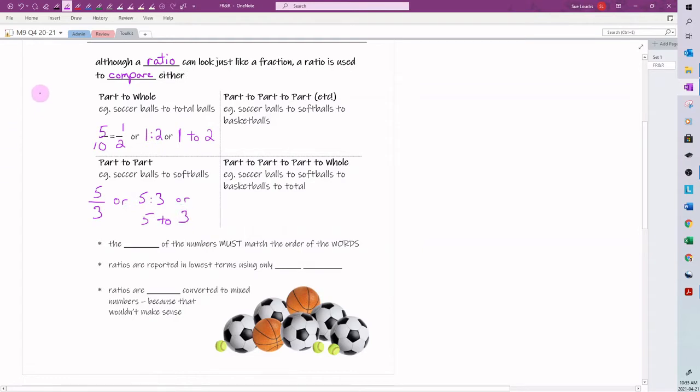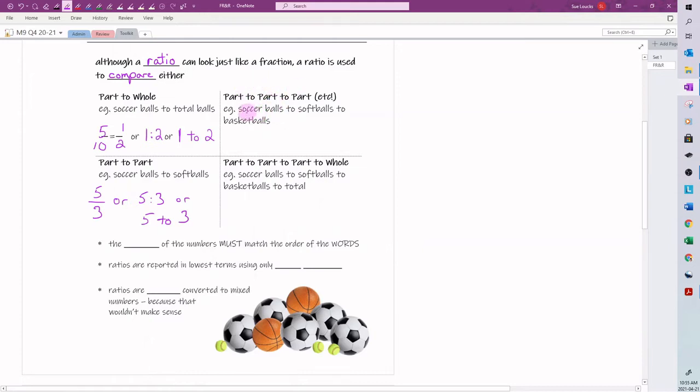All right. We could do part to part to part and so on, because we could compare soccer balls to softballs to basketballs. When we do this kind of comparison, we usually use the colon because the fraction doesn't make sense if you've got more than 2 numbers.